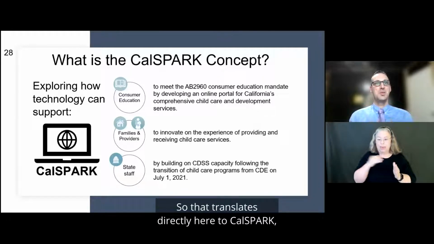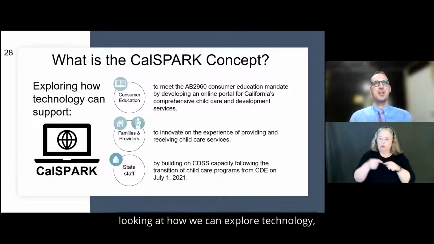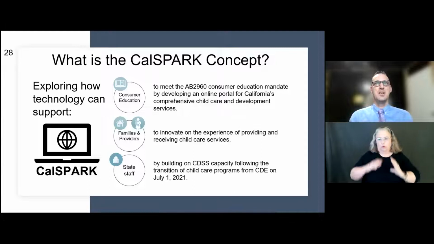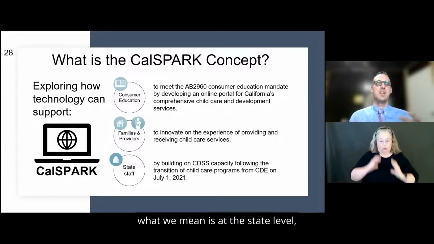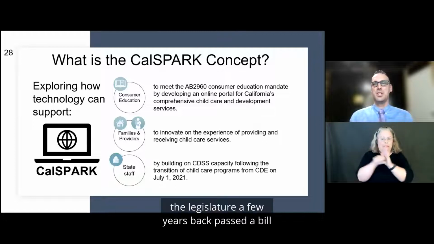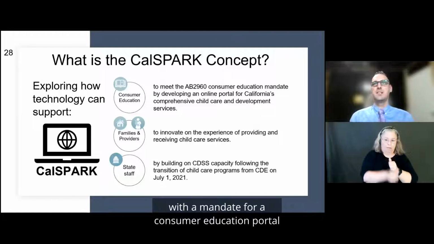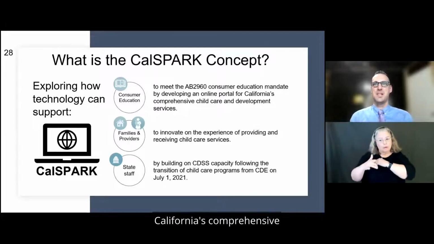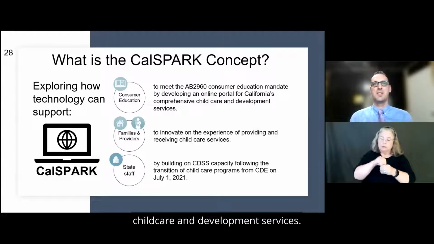And that translates directly here to Calspark, looking at how we can explore technology supporting consumer education. With consumer education, what we mean is at the state level, the legislature a few years back passed a bill with a mandate for a consumer education portal to be available that shows California's comprehensive childcare and development services.